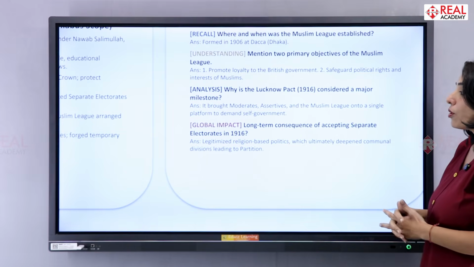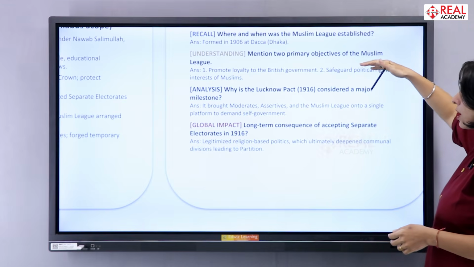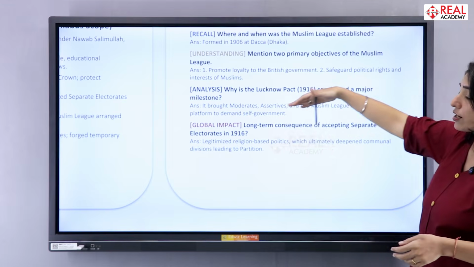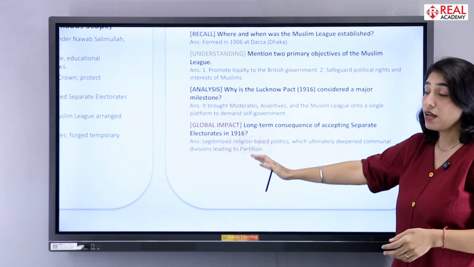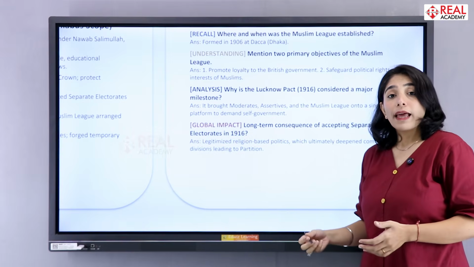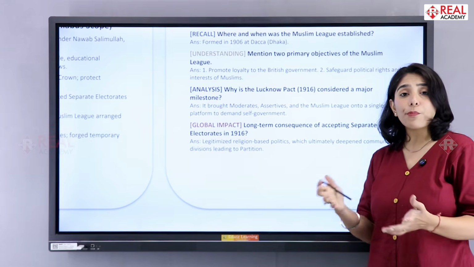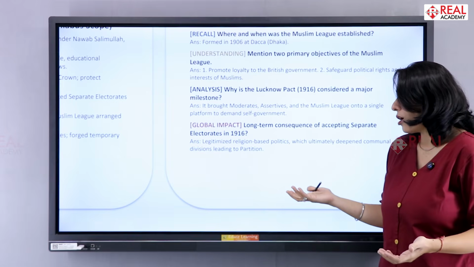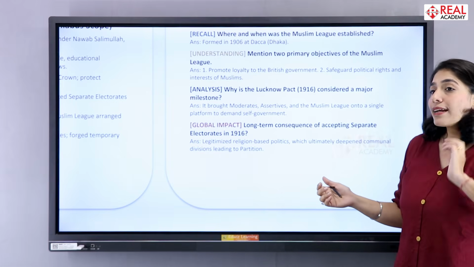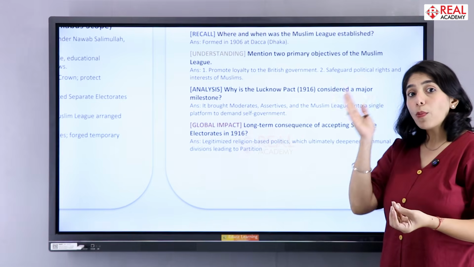For global impact, we talk about the long-term consequence of accepting separate electorates in 1916. If we accepted something like that, how every community in India would ask for separate electorates. You could talk about it. So you're connecting the topic of history globally here.